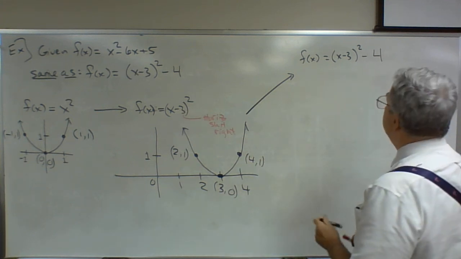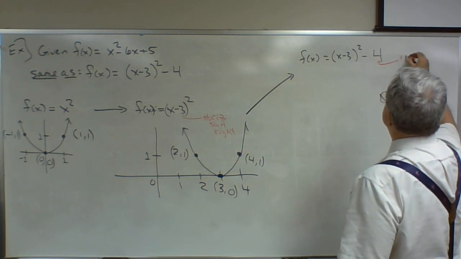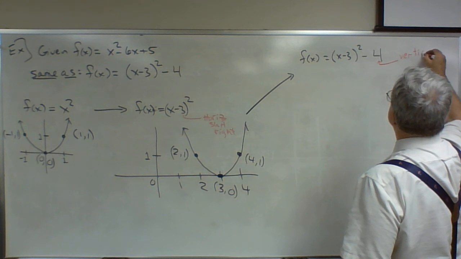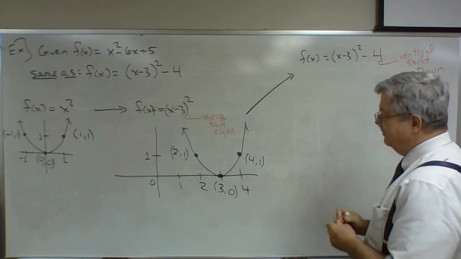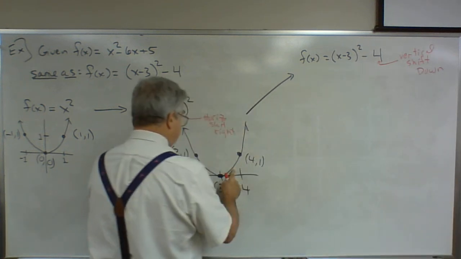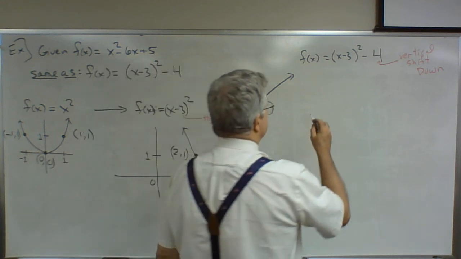Well, what is this guy? Vertical shift down 4 units. I'm going to take this graph and just move everything down 4 units.